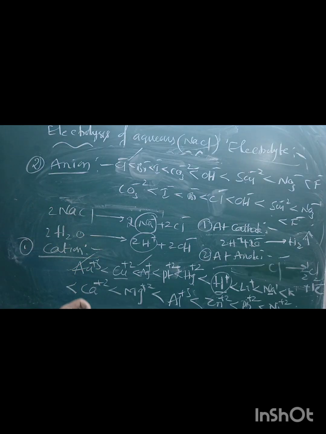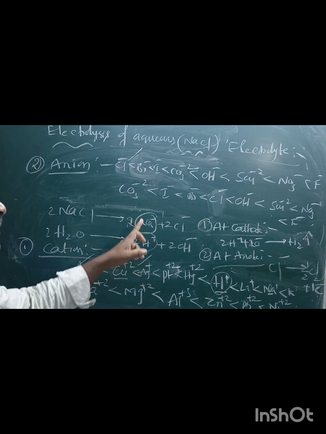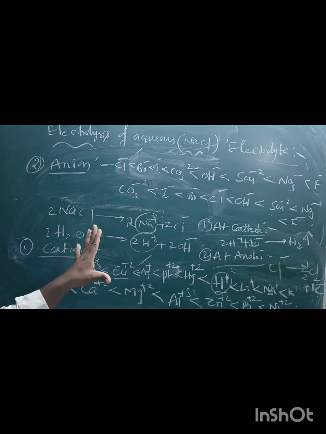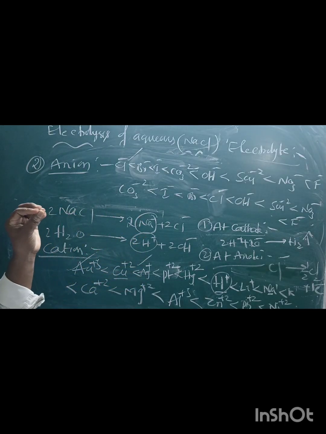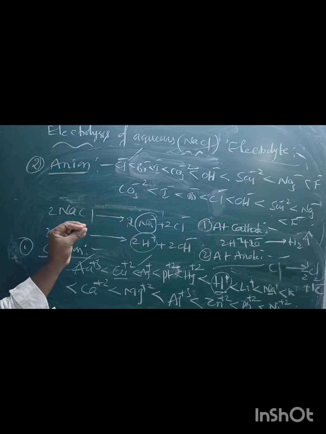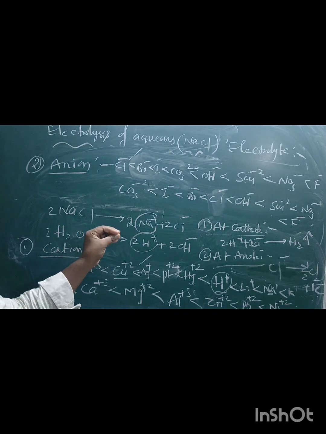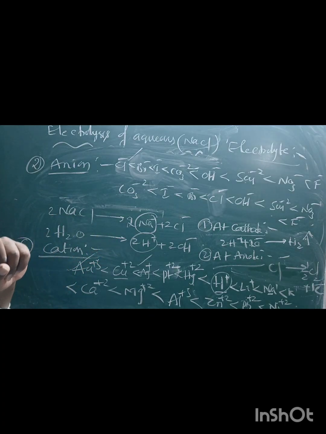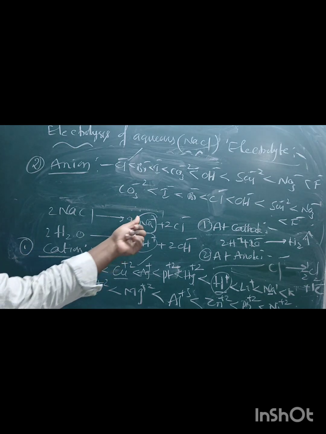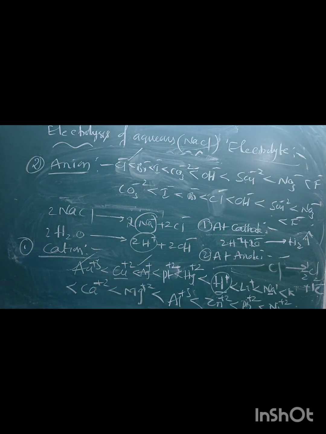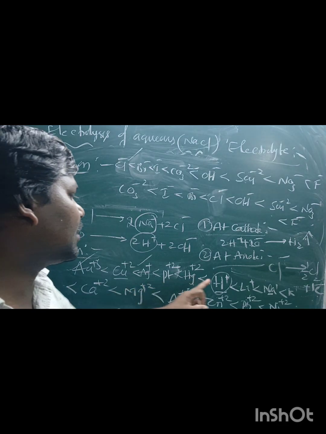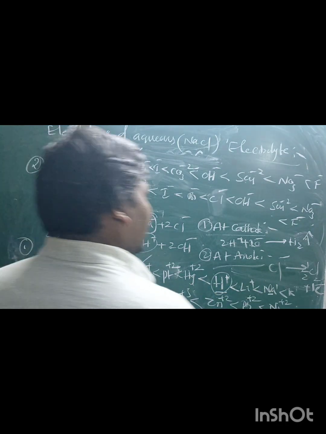In sodium chloride aqueous solution, Na plus and Cl minus, H plus and OH minus ions are there. Na plus and H plus are the cations; based on the lowest discharge potential theory, the lowest discharge potential ions migrate towards the cathode side. H plus has the lowest discharge potential compared to Na plus.